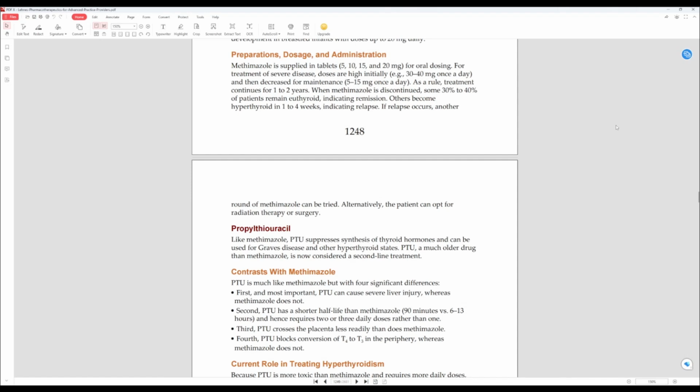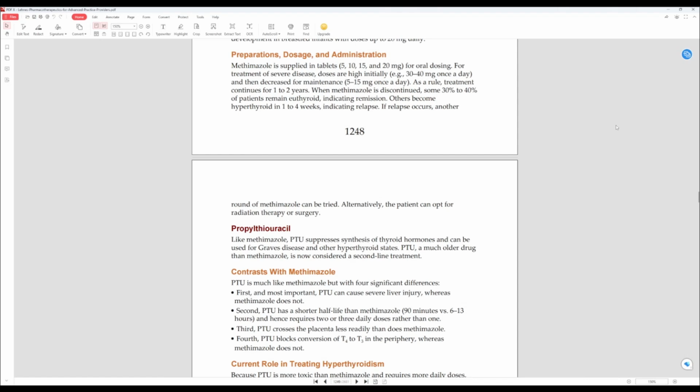Its preparation, dosage, and administration, therefore. Methimazole is supplied in tablets, 5, 10, 15, and 20 milligrams, for oral dosing. For treatment of severe disease, doses are high initially, so 30 to 40 milligrams once a day, and then decreased for maintenance, back down to 5 to 15 milligrams once a day. As a rule, treatment continues for 1 to 2 years.